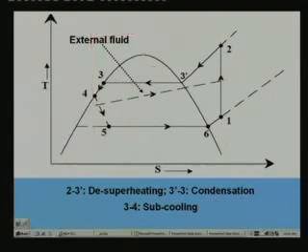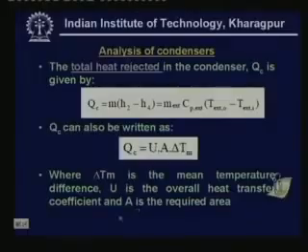Okay, so this is what is shown in this equation. And now QC can also be written as QC is equal to U into A into delta T subscript M, where delta T subscript M is the mean temperature difference, U is the overall heat transfer coefficient, and A is the required area.